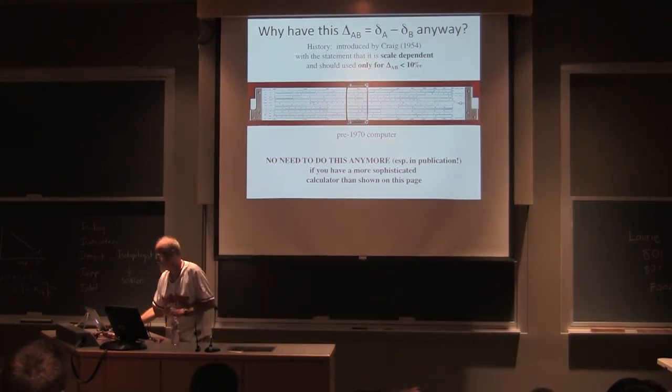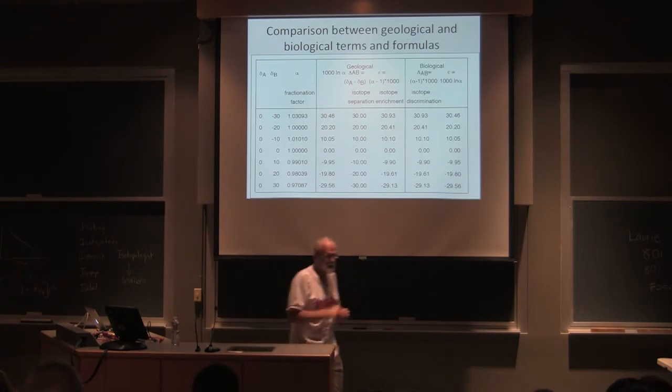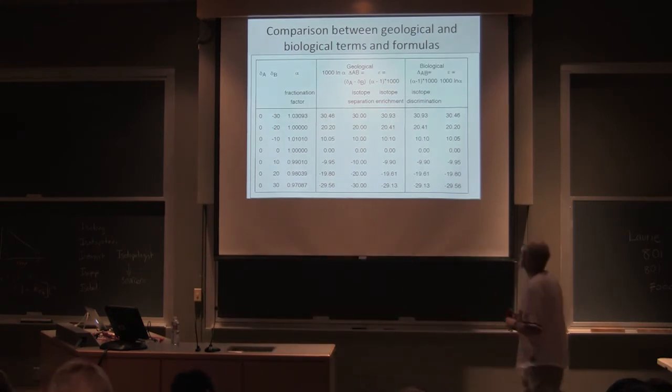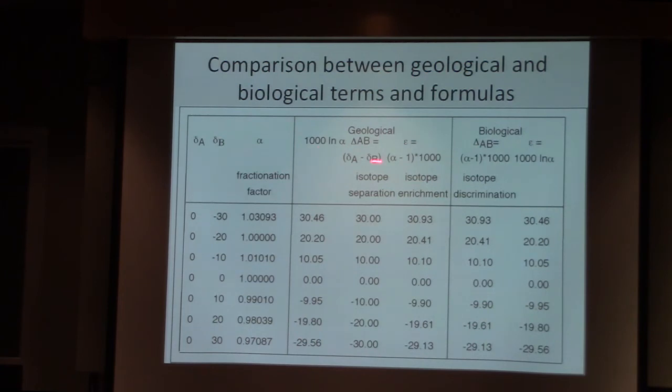And I'll just illustrate this with this nice table, which basically shows the geological definitions, and we're just going to look at delta values for phases A and B, okay? And these are the theoretical fractionation factors, and 1,000 natural log alpha is a value of 30.46, and the isotope separation, just the big delta, is 30 per mil, and this isotope enrichment value is 30.93.